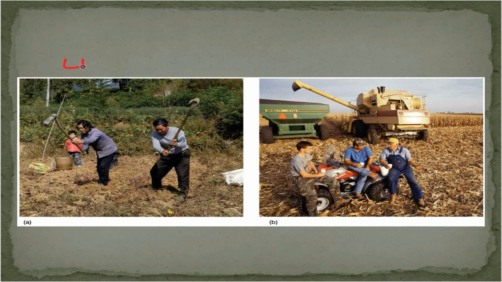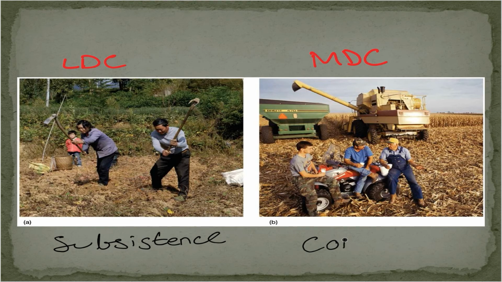And this picture, so we will label this as LDC using our context clues. And MDC here, we can see the difference between the lifestyles dealing with subsistence agriculture and commercial agriculture.